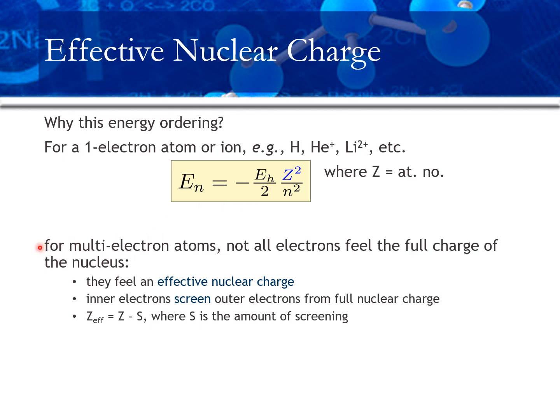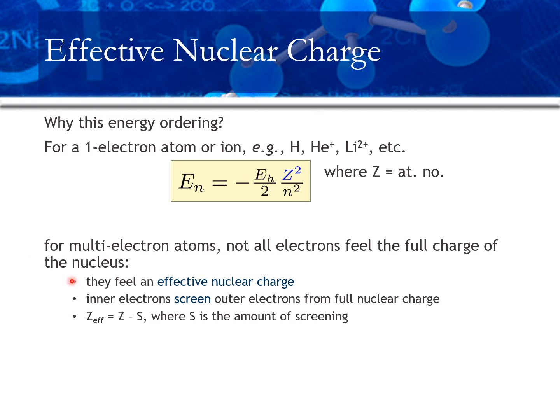But the trick is, when you have more than one electron, the outermost electrons have electron density, this smeared out fog of electron density, in between them and the positive charge in the nucleus.